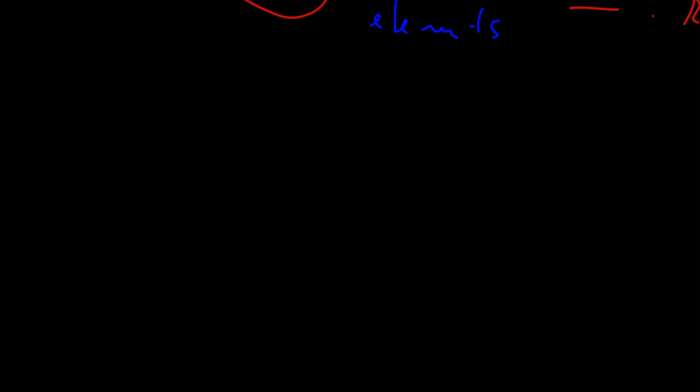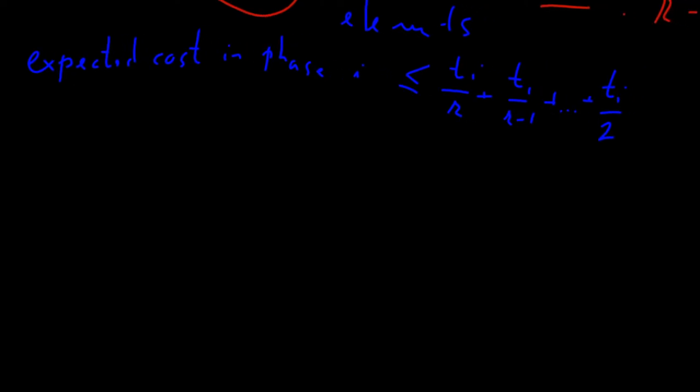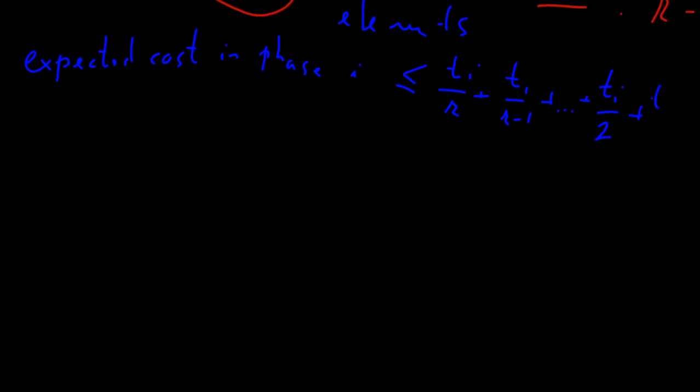So the expected cost in phase i is at most ti over k plus ti over k minus 1 plus and so on, plus ti over 2 for the cached elements, plus ti, divided by 1 if you wish, for the new elements.